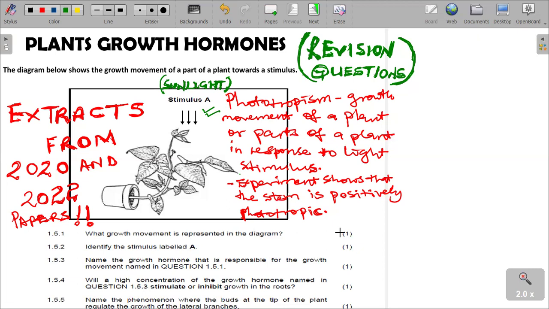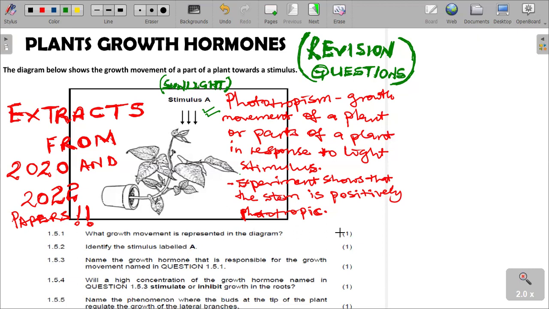If it has to do with the roots, you need to automatically know that it is geotropism. So we basically have two types of tropisms: geotropism, which is because of the force of gravity, and phototropism, which is the plant's response to the effects of light.